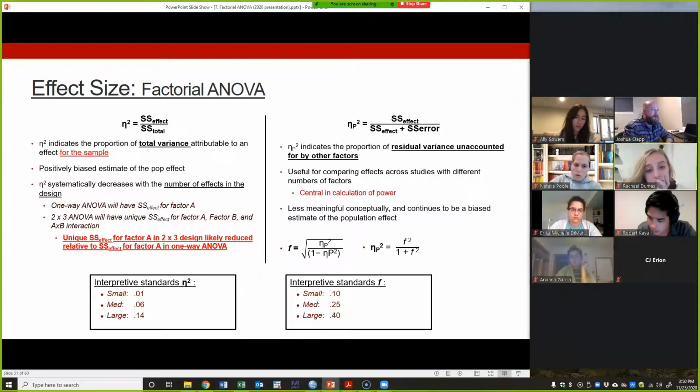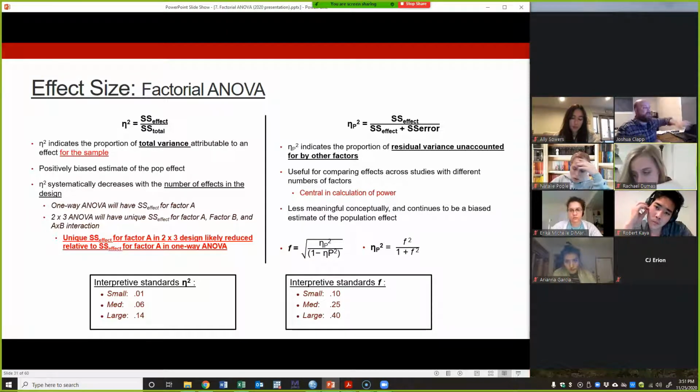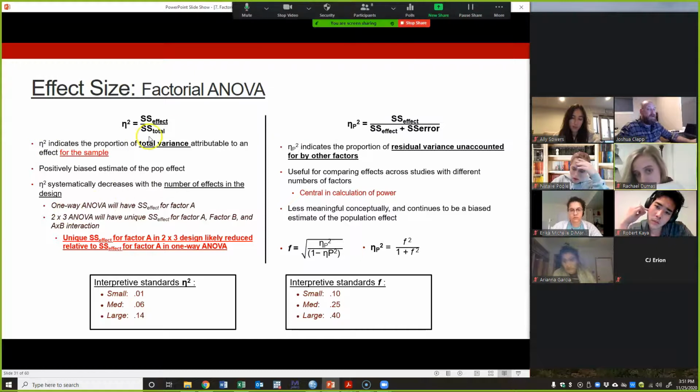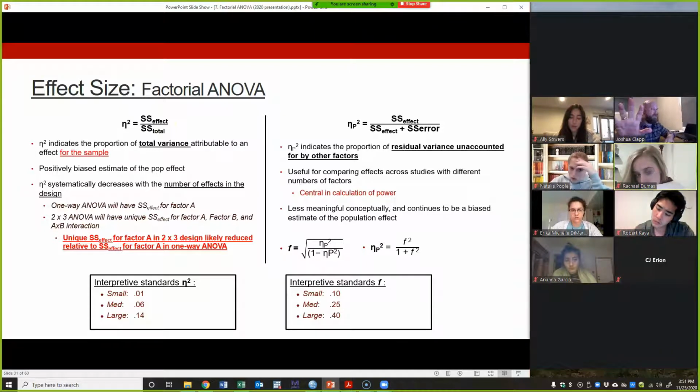So if I have my film factor and I'm going to calculate partial eta squared here, what I have is my sum of squares for my film factor over the sum of squares for my film factor plus my sum of squares error. The sum of squares for my factor of sex and my film by sex interaction gets pulled out. Here with eta squared, you're looking at what's attributable to your factor over everything else.